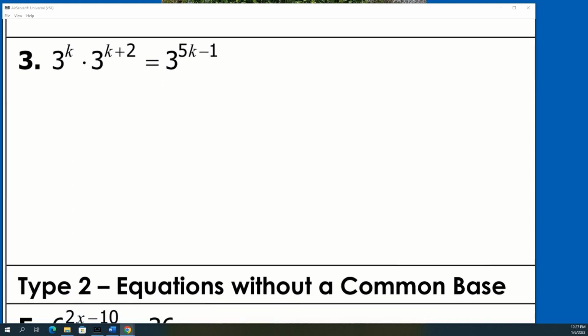So if we're multiplying these together, what do you do with the exponents if you're multiplying? Do y'all remember? Add. So I am going to add those together. And the 3 is not going to change. So it's still going to be 3. But I'm going to add k and k and get 2k. And then that plus 2 just comes on over.